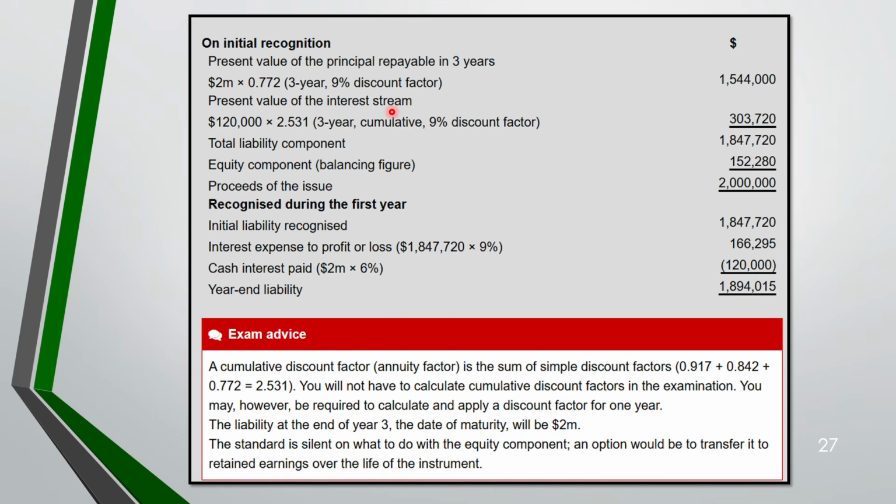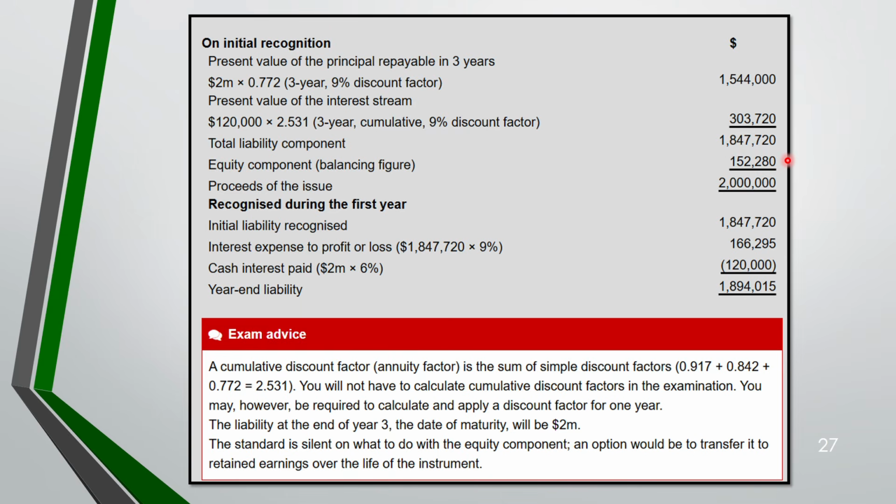And for the interest, since you'll be getting for the 3 consecutive years, you have to add all the 3 discount factor at 9%, which is 2.531 at 120,000, because the interest, that is 6% of 2 million, is 120. When you add them together, this was the total liability component that we have got. This you have to deduct from 2 million, then you will get your equity component also.